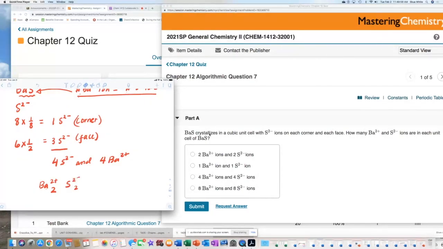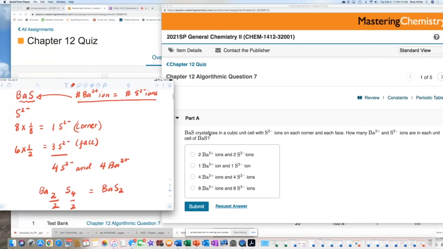I want to leave out the charges because that confuses you with all these things. Then you divide by 2, divide by 2, you end up with BaS2. That's completely different than how they said they combine, right?